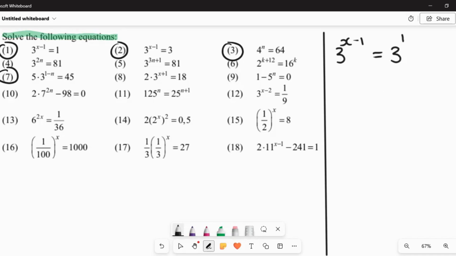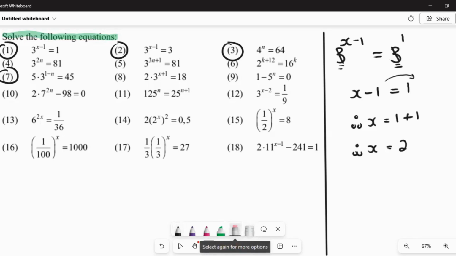So if we have the same bases from the get-go, what do we do? We cancel them out, and we are left with x minus 1 is equal to 1, only the exponent. And then we take this 1 over to the other side. It's going to change the sign, therefore we'll be left with x is equal to 1 plus 1, giving us x is equal to 2. As easy as that.